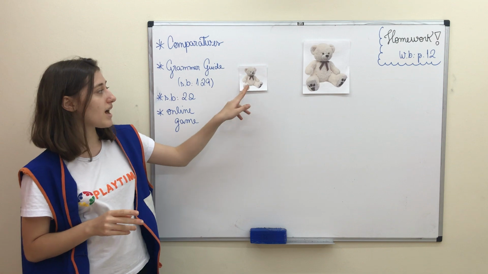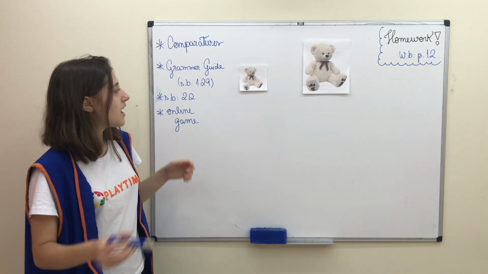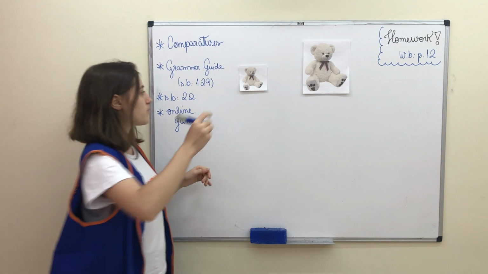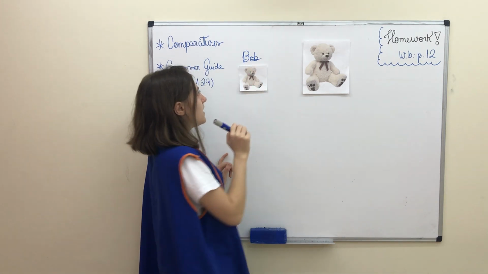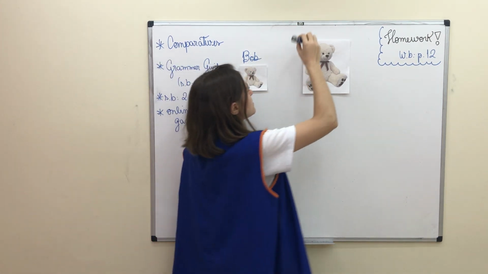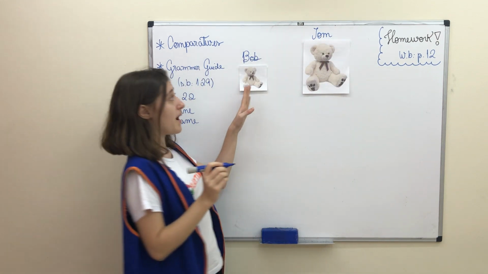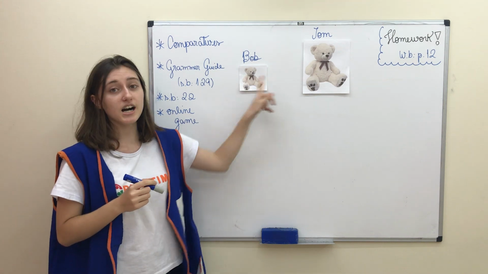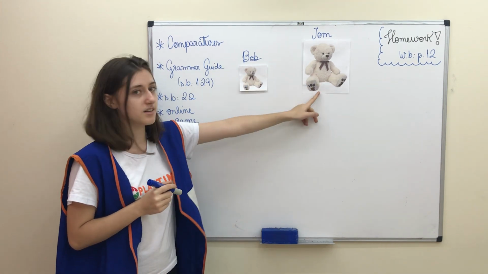So first of all, we have these two pictures here, okay? Two teddy bears. We are going to name the first one Bob, and the second one Tom. Okay, so we have Bob and Tom. Bob and Tom, they look alike, right? São parecidos, they look alike, right?